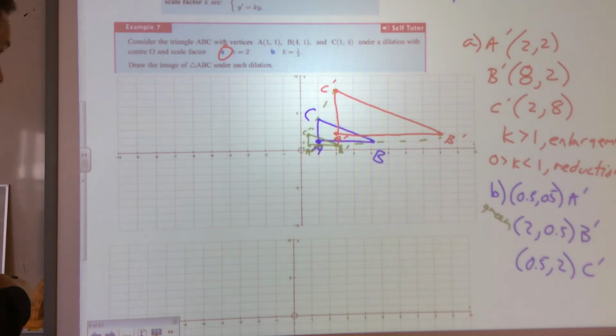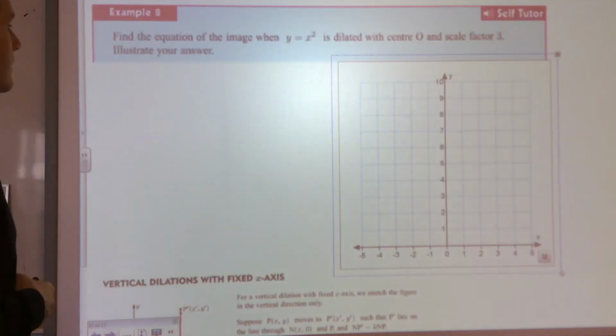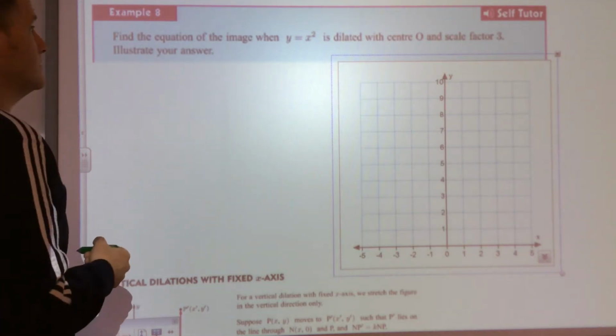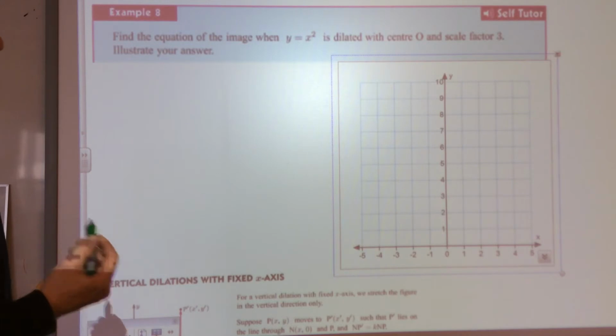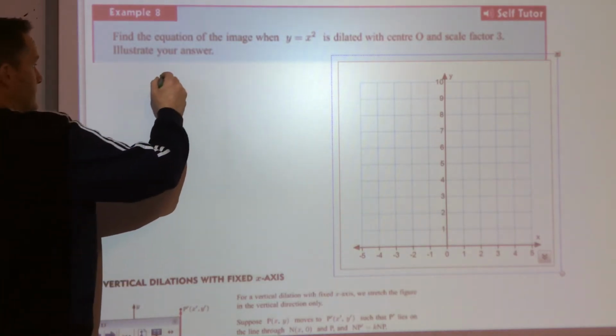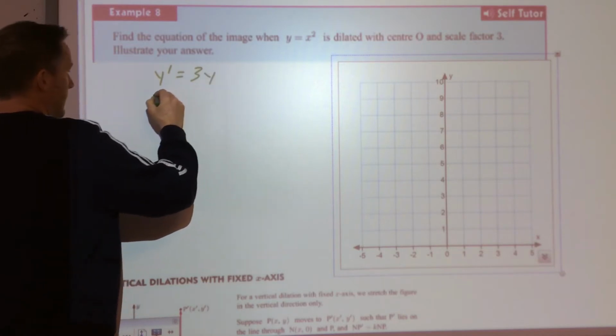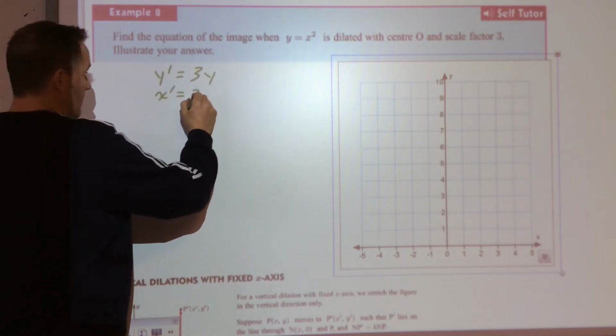Next. So find the equation of the image when y equals x squared is dilated with center 0 and scale factor 3. So that means y prime is going to be 3y, x prime is going to be 3x.